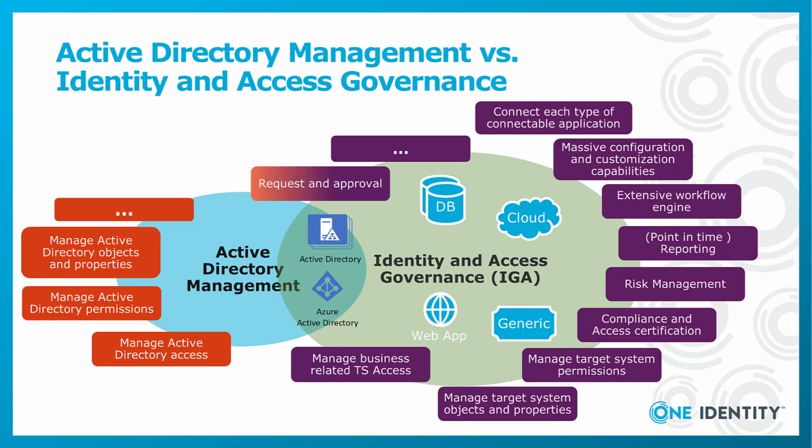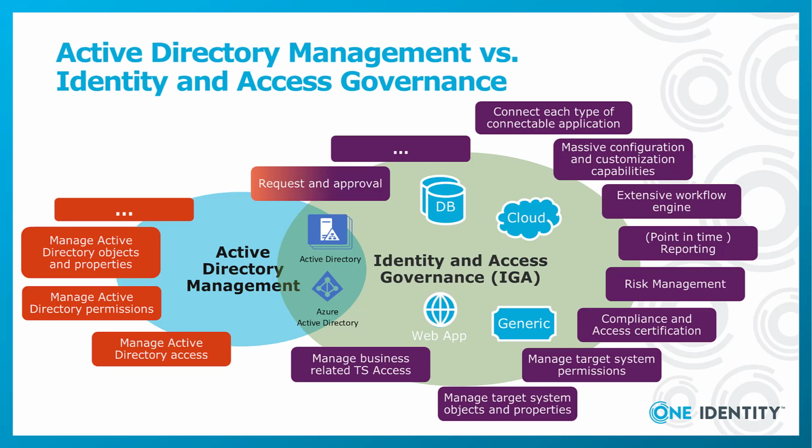If you are interested in connecting hundreds of systems or heterogeneous networks with different systems and applications, and if you are interested in rich compliance features like you need for risk management or compliance, then it is necessary to look at an identity and access governance solution.